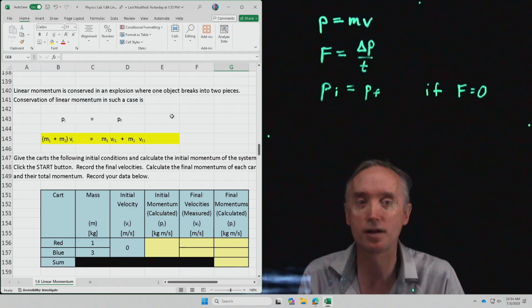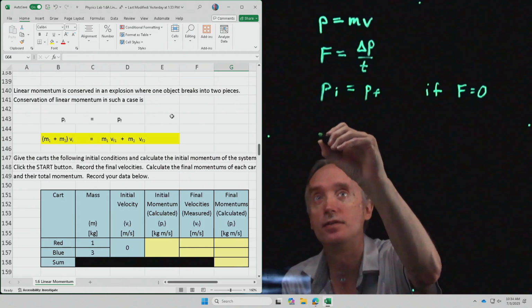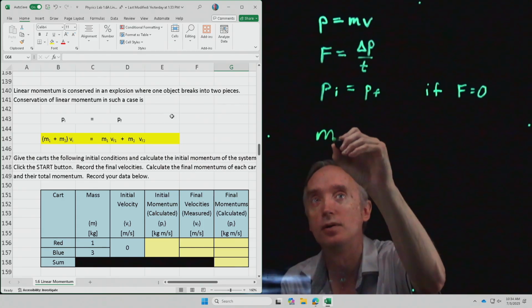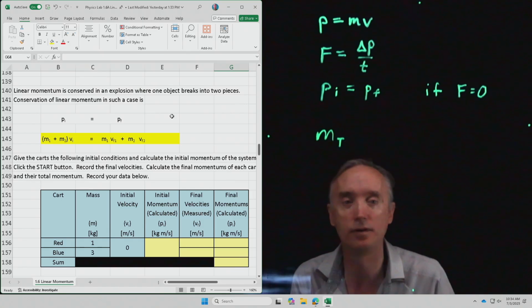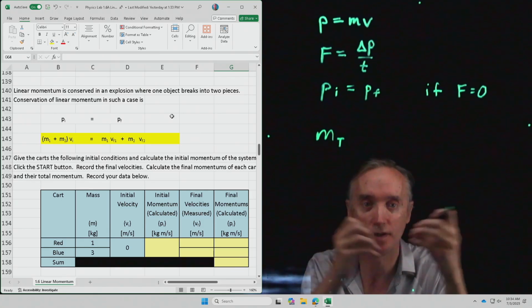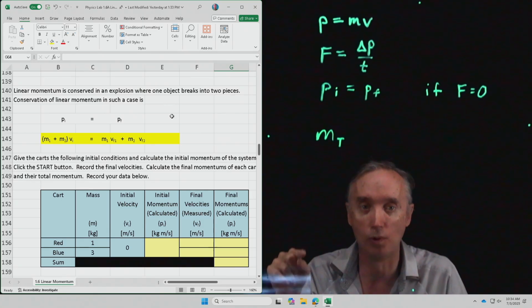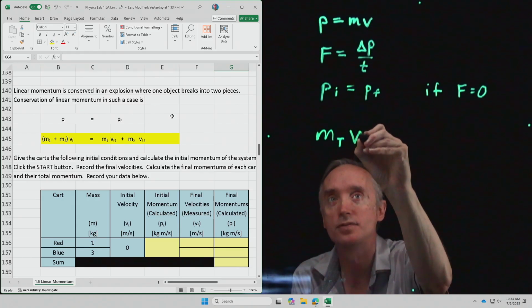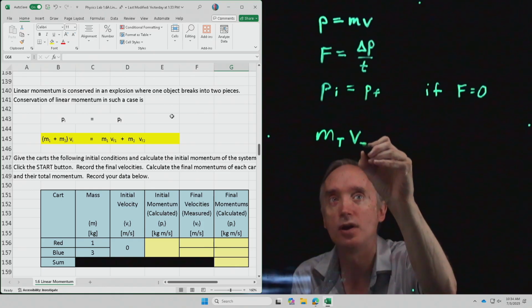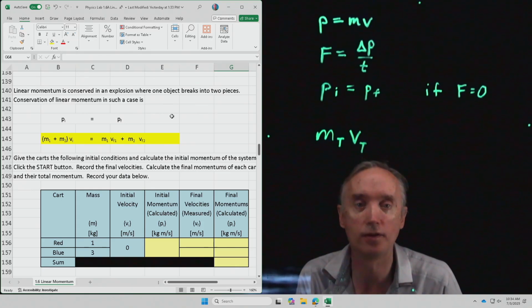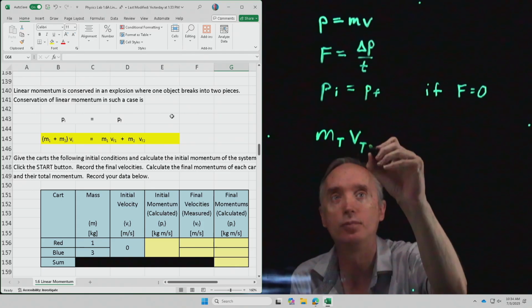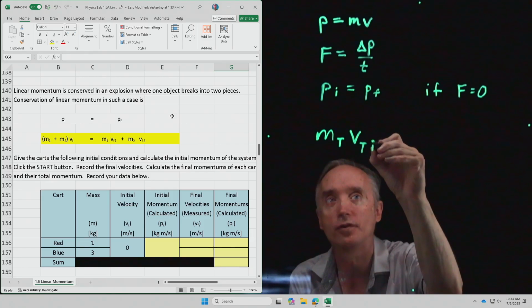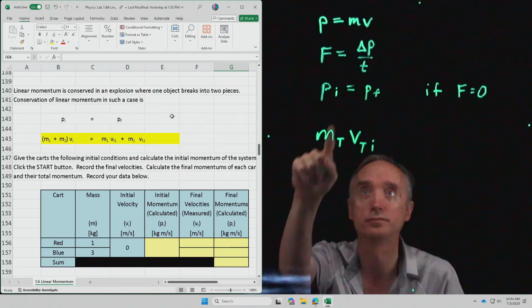When they were stuck together, you had the total mass of the two cars, so that would be M1 plus M2. And then you had the initial speed of the two cars when they were stuck together. So I could even put an I for initial there.